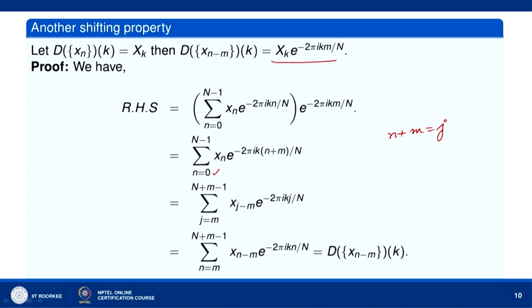So, n becomes j minus m. So, x_(j minus m) e to the power minus 2 pi i kj by N. Okay. And therefore, let us replace j by n. So, n equal to m to N plus m minus 1, x_(n minus m) e to the power minus 2 pi i kn by N. So, this is nothing but the discrete Fourier transform of the sequence x_(n minus m).